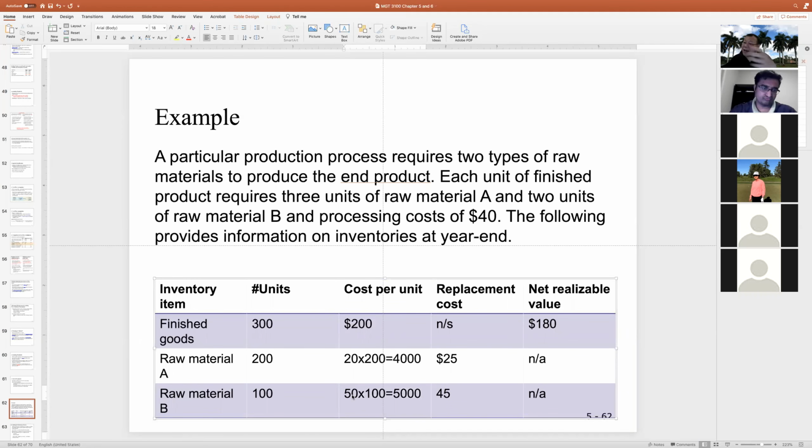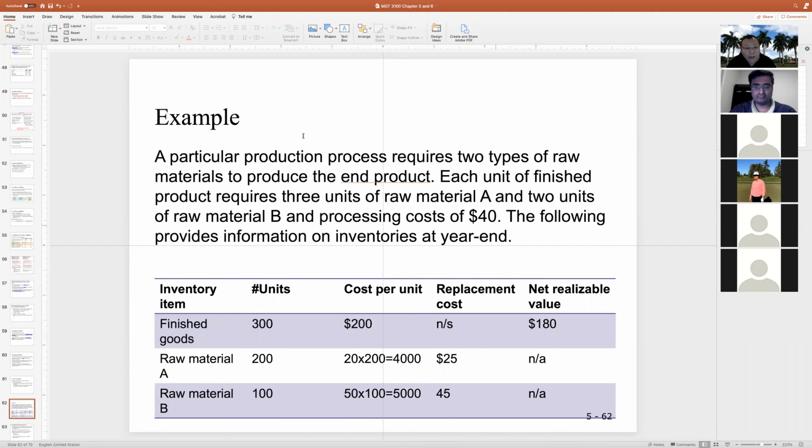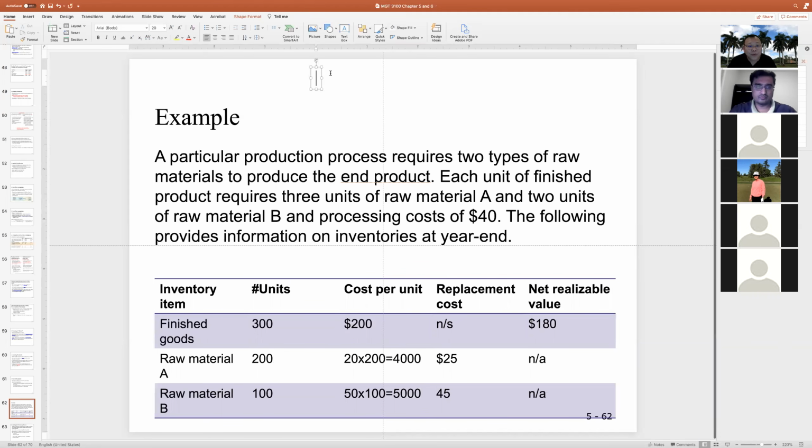Together, remember, I'm evaluating this together as a group. So I'm going to write it here. As a group, cost: 4,000 plus 5,000 equals 9,000.